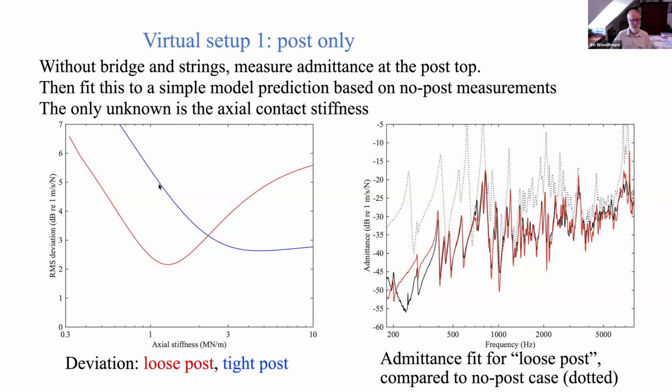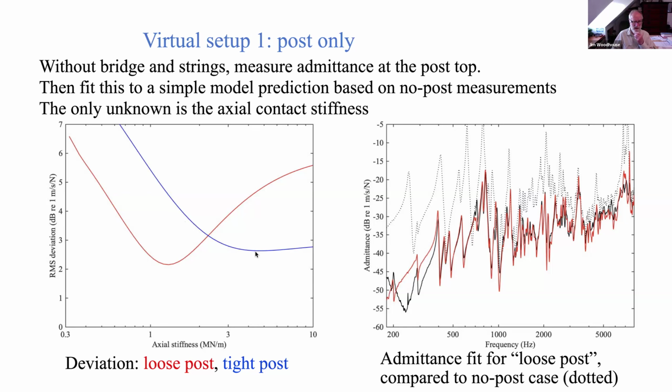And finally, that's the blue curve. The body without the post, those measurements are all the same, but now I'm comparing with a measurement of the violin with a tighter post rather than with a looser post. And again, we get a curve with a minimum.